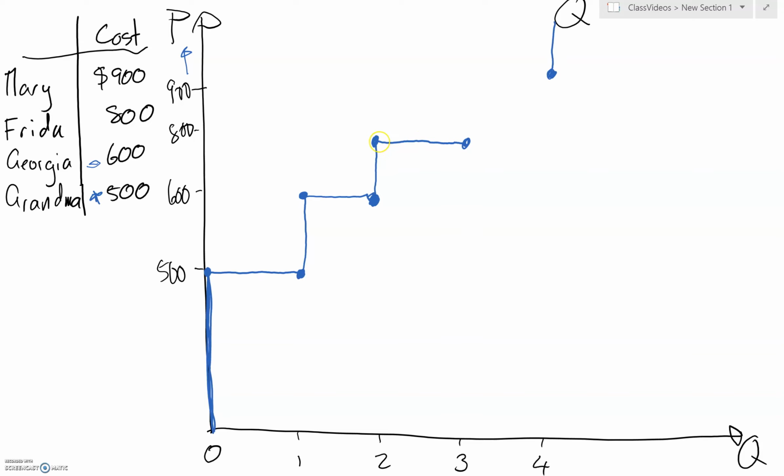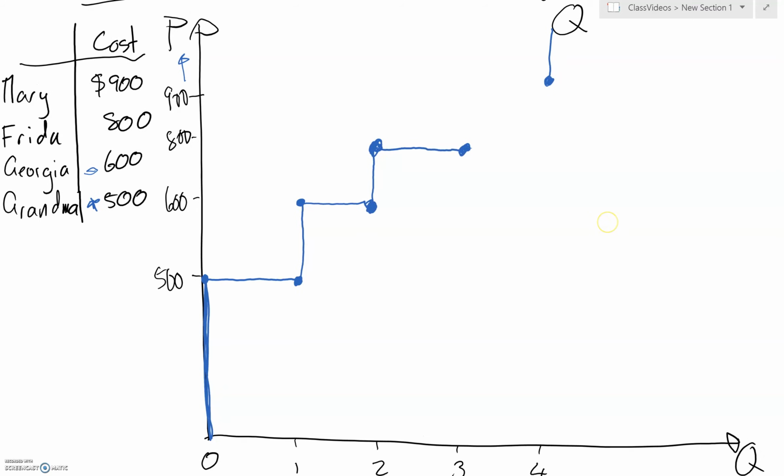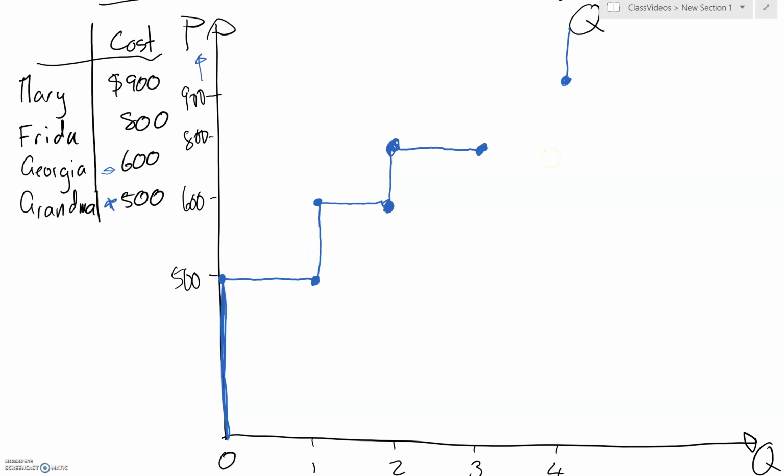At a price of $800, either Frida does not sell, or Frida sells. And then, as the price goes above $800, Frida will definitely sell. If the price is above $800, she's definitely better off from selling than not selling. So here we have a price between $800 and $900, and we're going to get a quantity of 3.